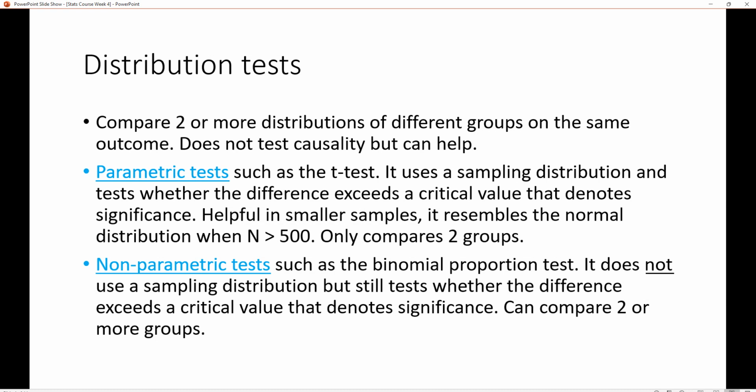And specifically we're going to look at distribution tests. In distribution tests, we can compare two or more distributions of different groups on the same outcome. It does not test causality, but it can help.